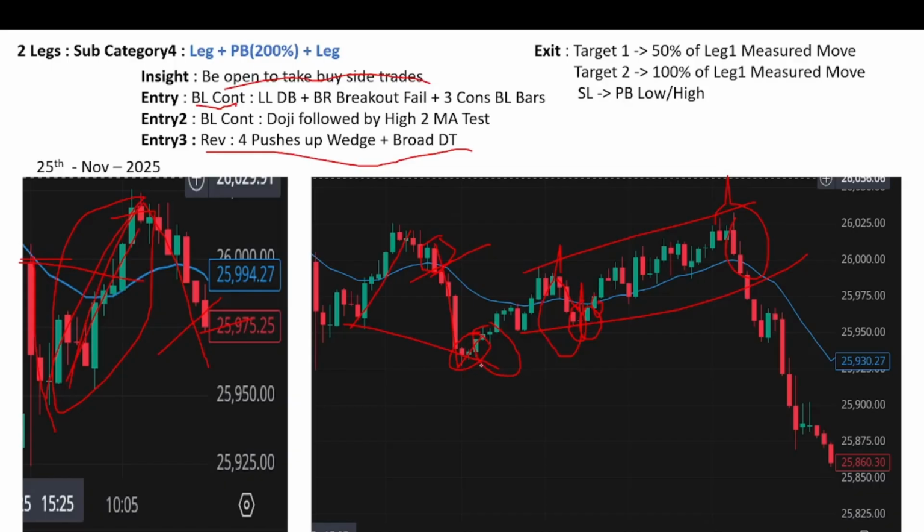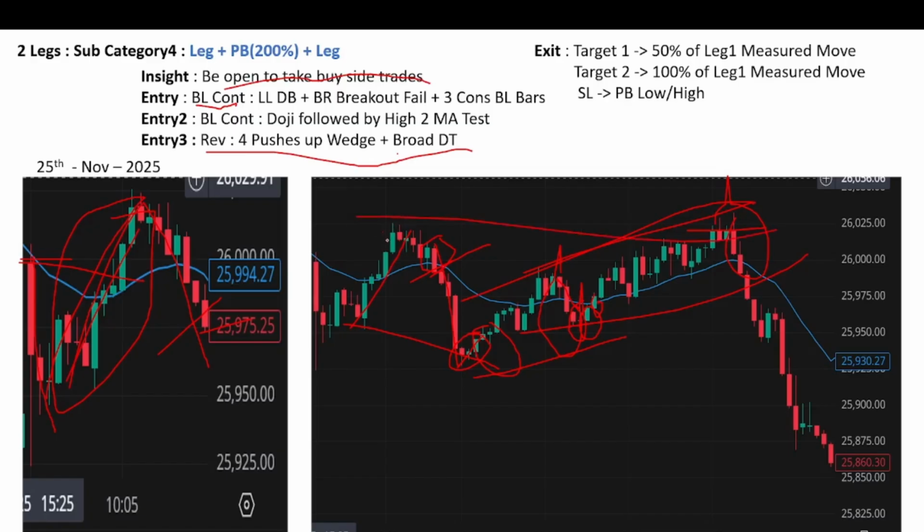So whenever you see the reversal, you should be open for the reversal to reverse, right? So here what we thought of looking out for is double tops and wedge tops.